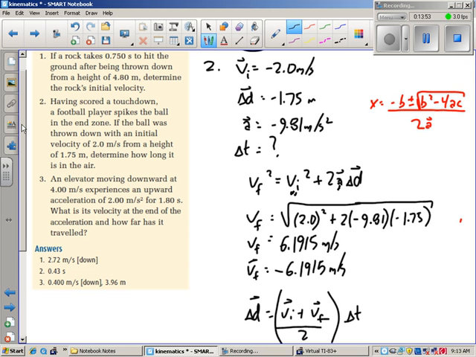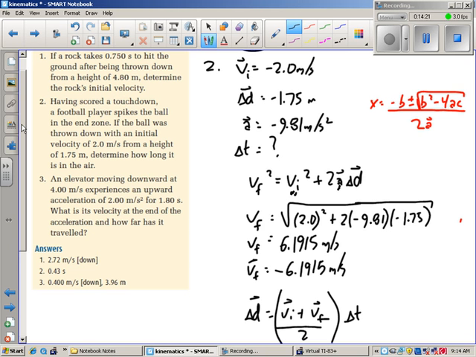I think the significance of that would be that instead of throwing it downward, if you threw it upward. Not necessarily. You're only throwing it up at 2 meters per second, which means it's not going to go very high. So I think that's what it's going to mean there.